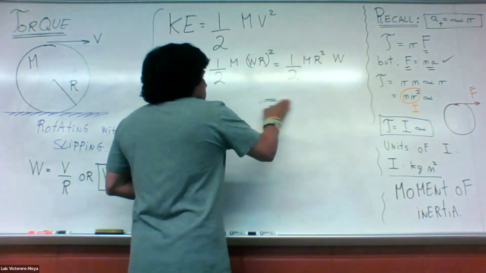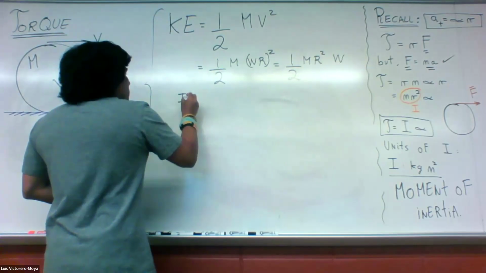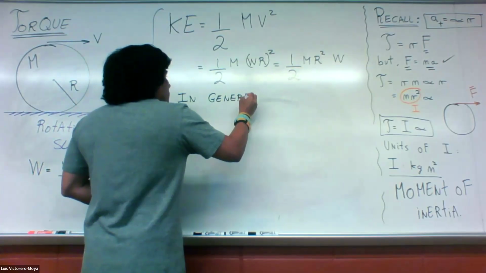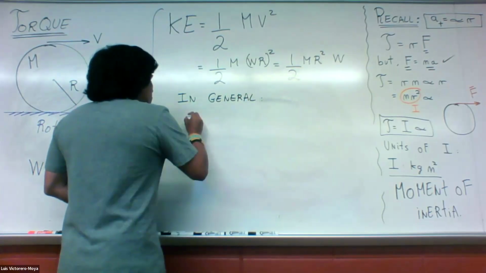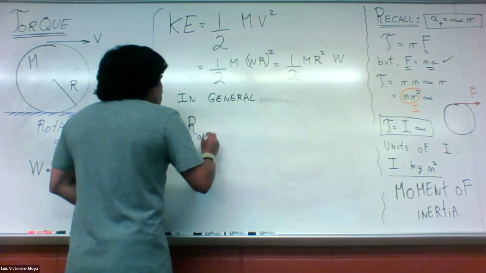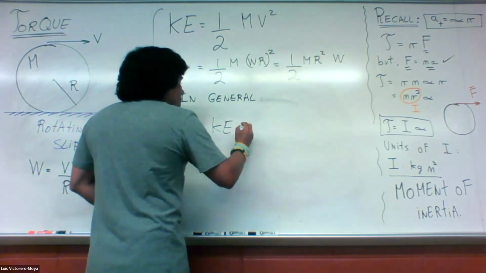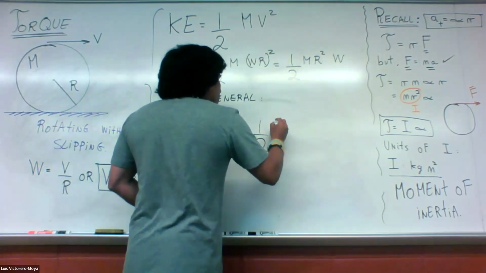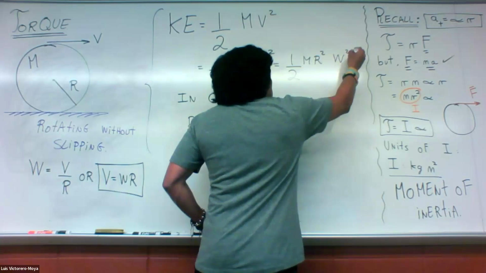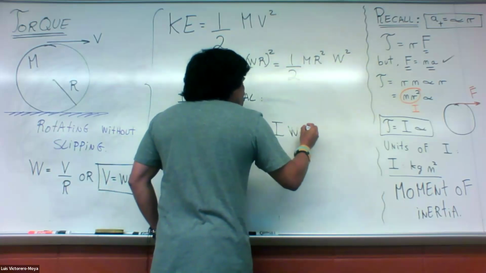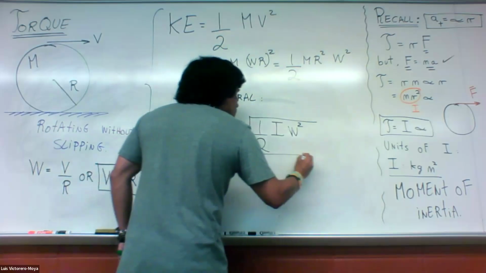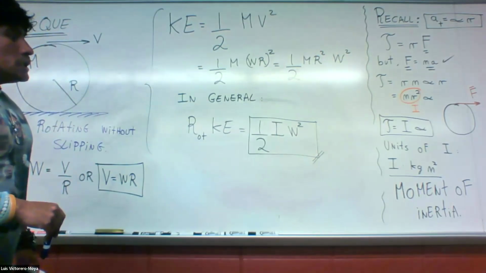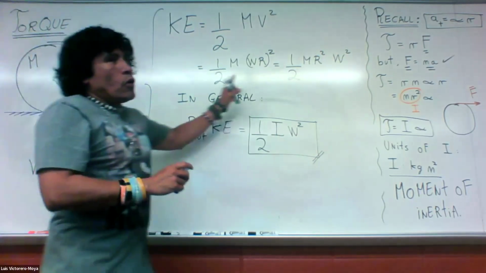So in general, the rotational kinetic energy is defined as 1/2 moment of inertia times W squared. That is a general proof.